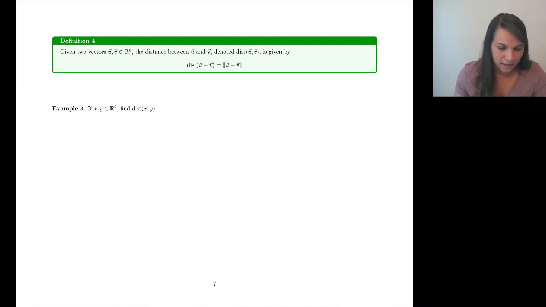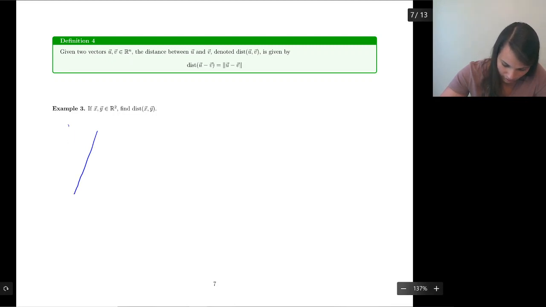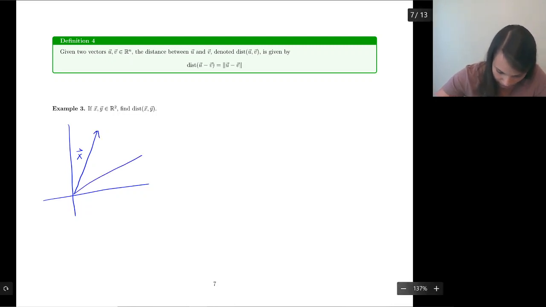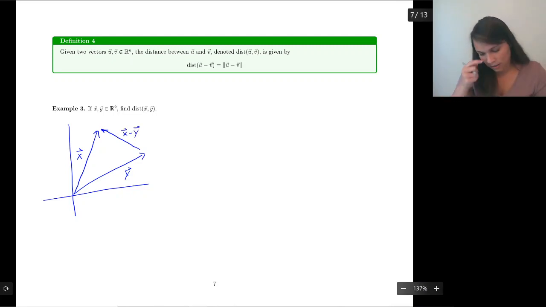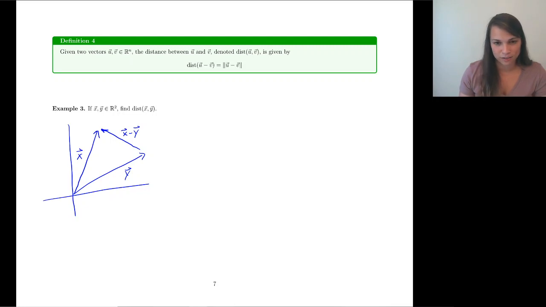So if we do that, we'll say we have vector x, and then we have vector y. That means we would have x minus y like this. And so the length of the vector here would be the distance between our vectors, because we're only interested in the distance of the tips. Okay.